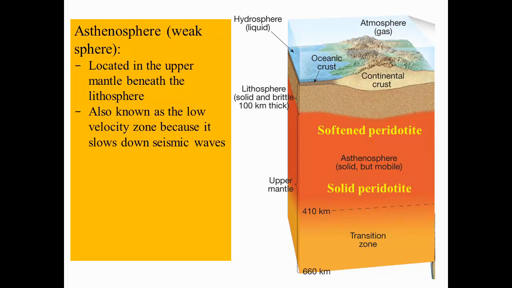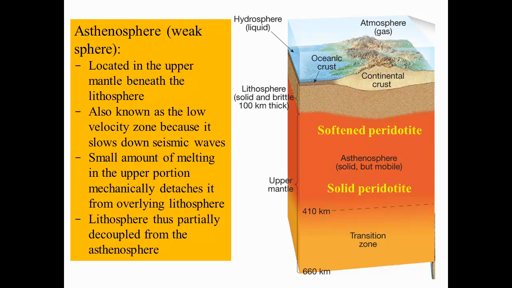And this region is also known as the low velocity zone because it slows down seismic waves. And this is due to a small amount of melt within the upper portion, which in turn mechanically detaches it from the overlying rigid lithosphere.